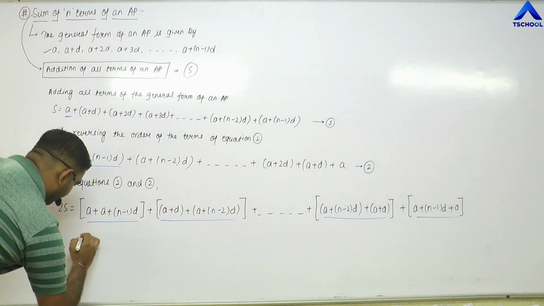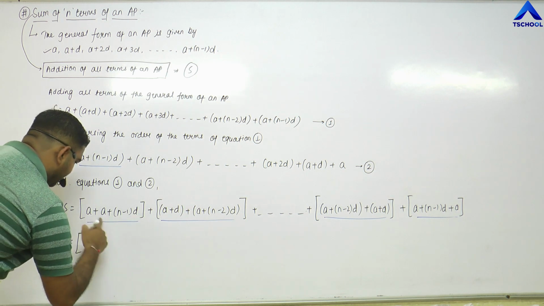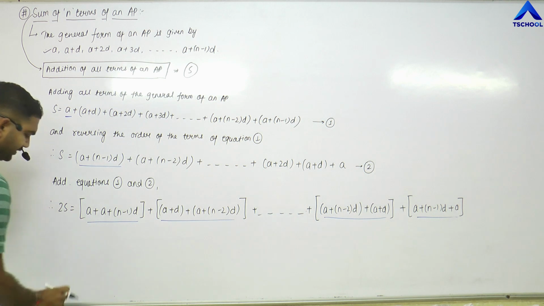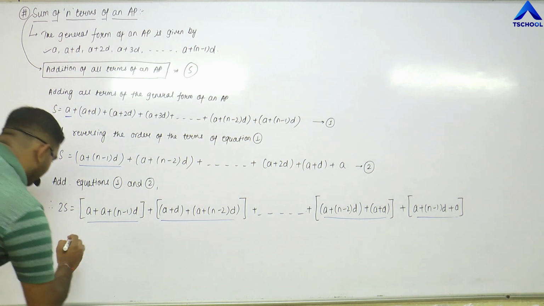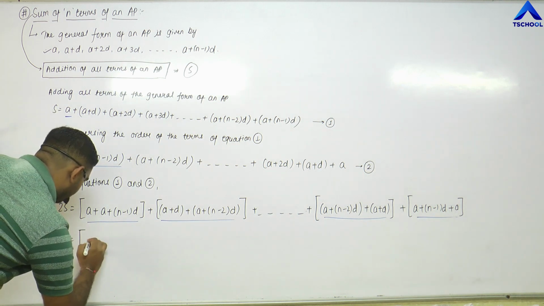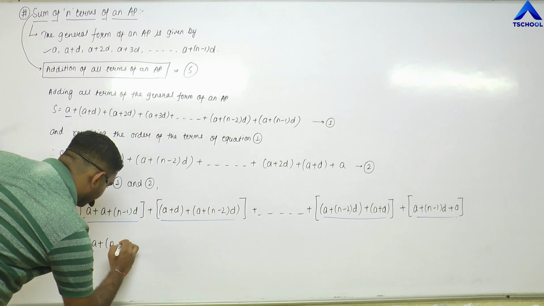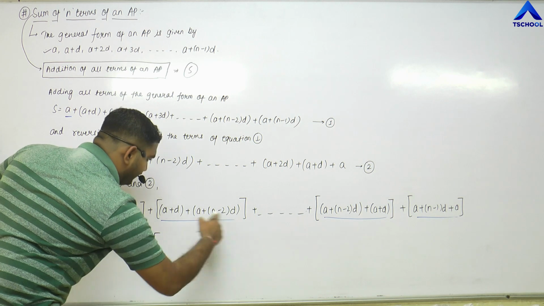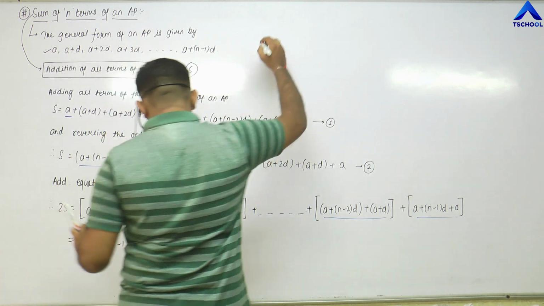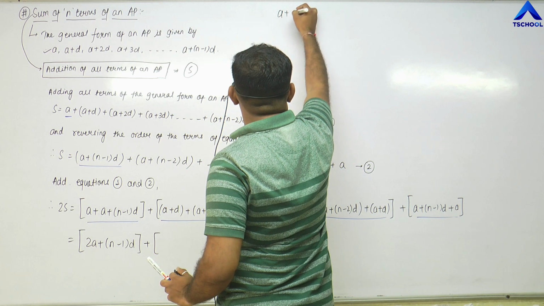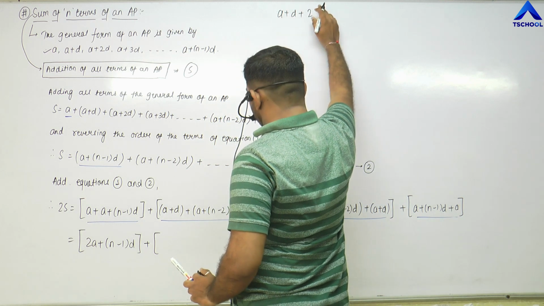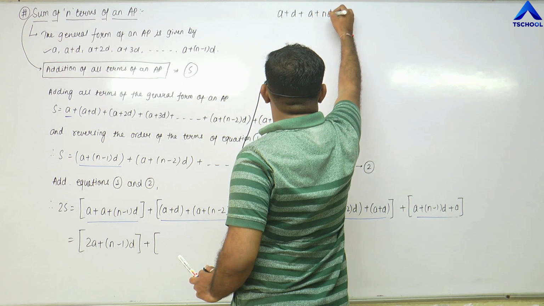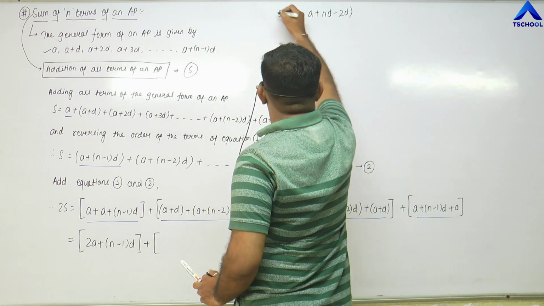So here we will get a plus a, 2a. What shall we get here is a plus a, that is 2a plus n minus 1 into d. Again if you solve this, see this is being solved like this. If I open the brackets, a plus d plus a plus nd minus 2d, right?